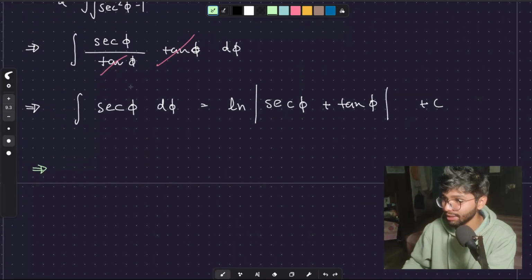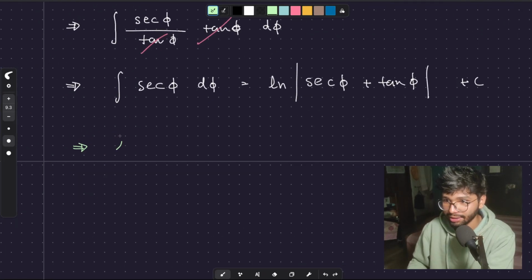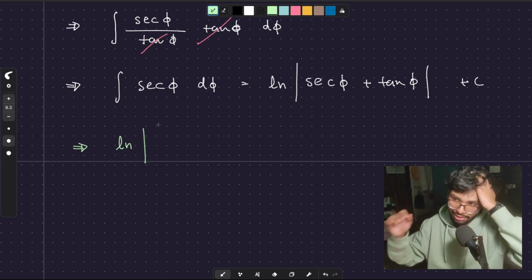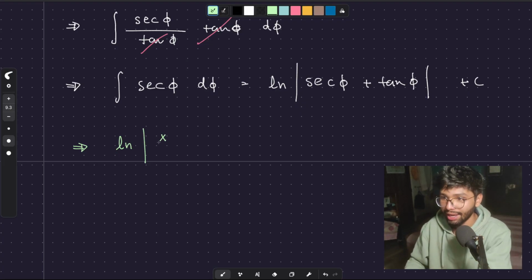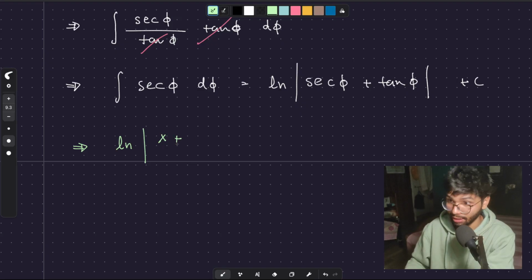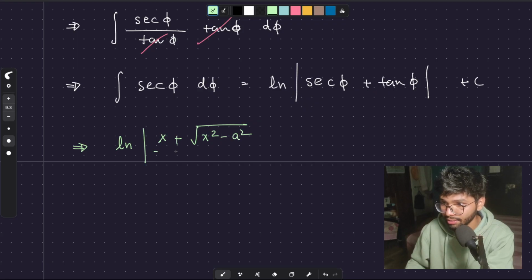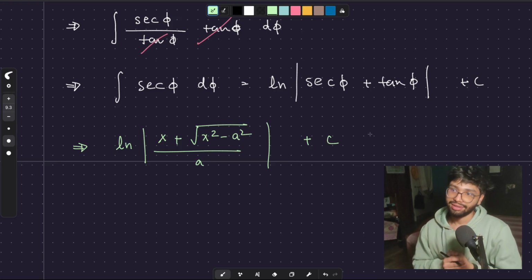So we're going to do the same, and after the algebraic manipulations it's going to be the natural log of x plus the square root of x squared minus a squared, all over a.